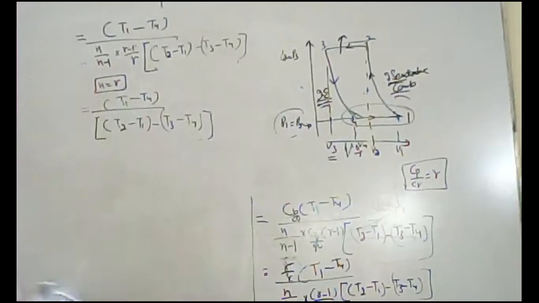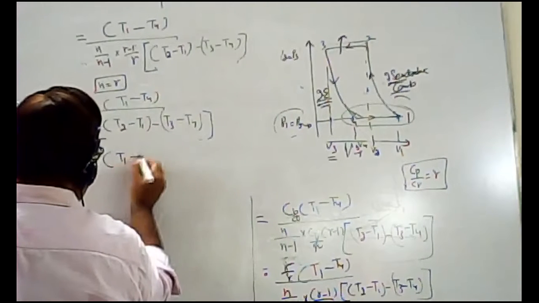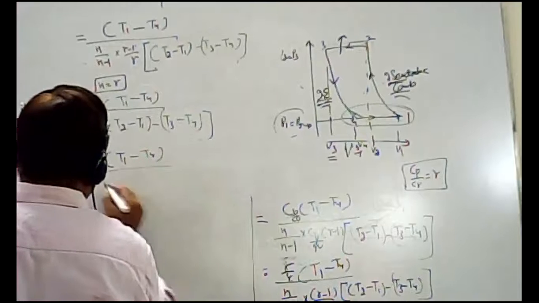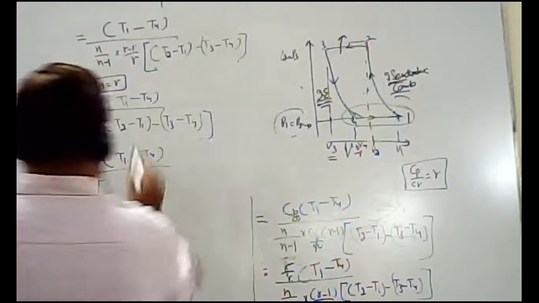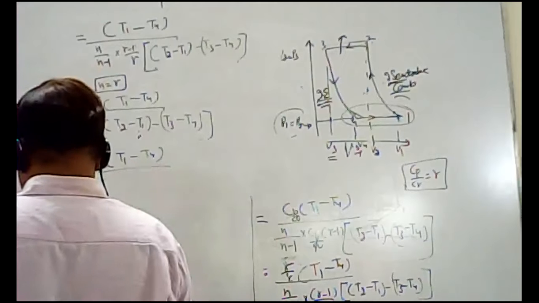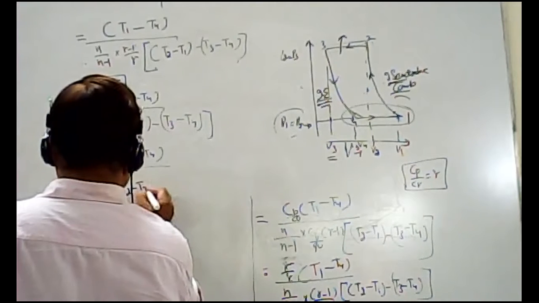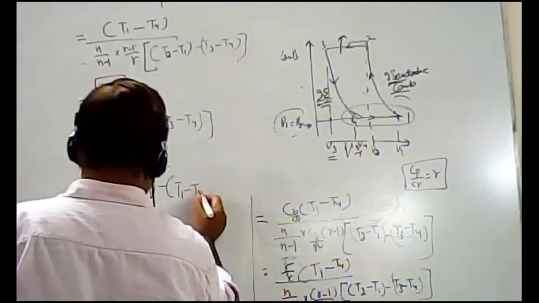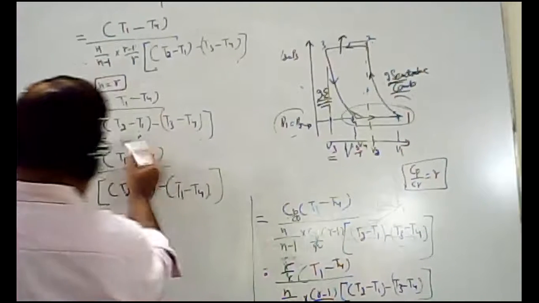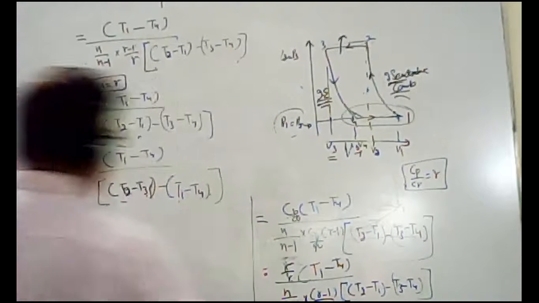Okay, now further you can also rewrite this equation like this: T1 minus T4 divided by T2 minus T3 minus T1 minus T4. You can also write this equation like this: T2 minus T3 minus T1 minus T4.